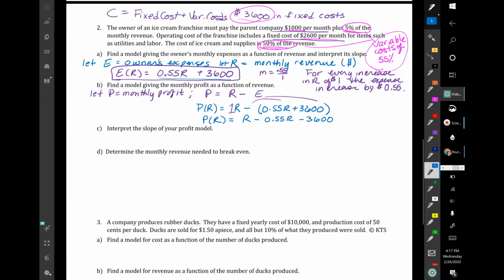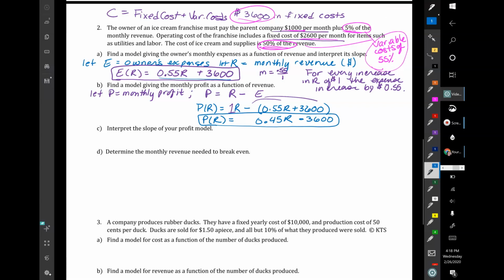And so I'm just going to consolidate here. That R minus 0.55 R will just give me 0.45 R. And don't forget to distribute also to that 3,600 to get that subtracted.